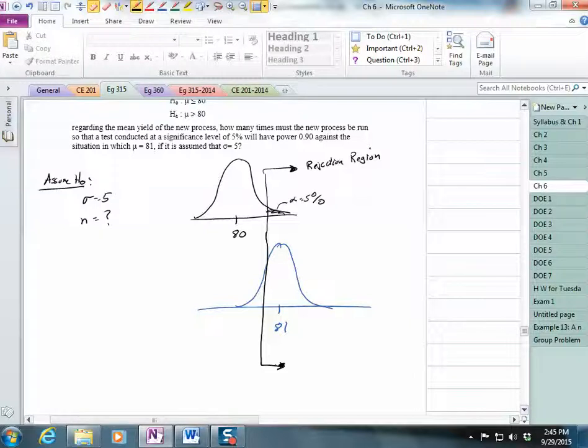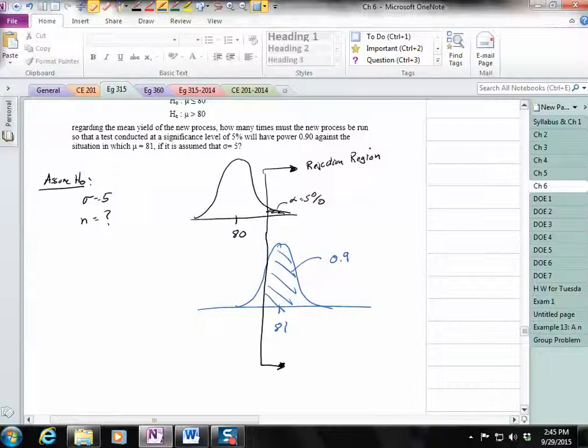I've got a mean at 81. I want the power to be 90%. Did I put it in the right area? Is that power, not beta? Okay, it is power.